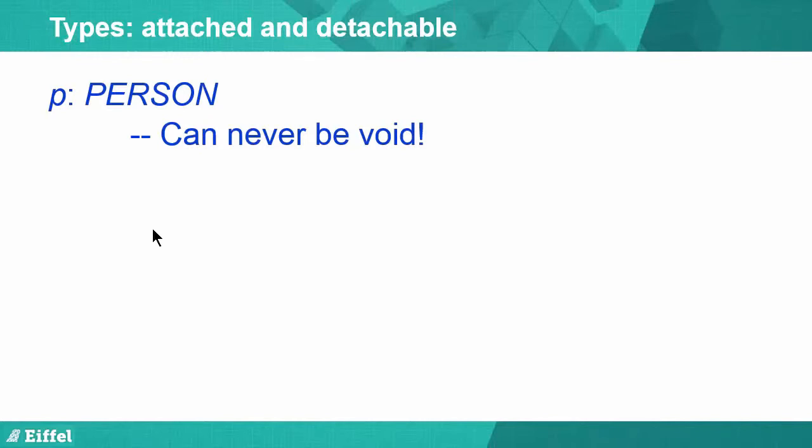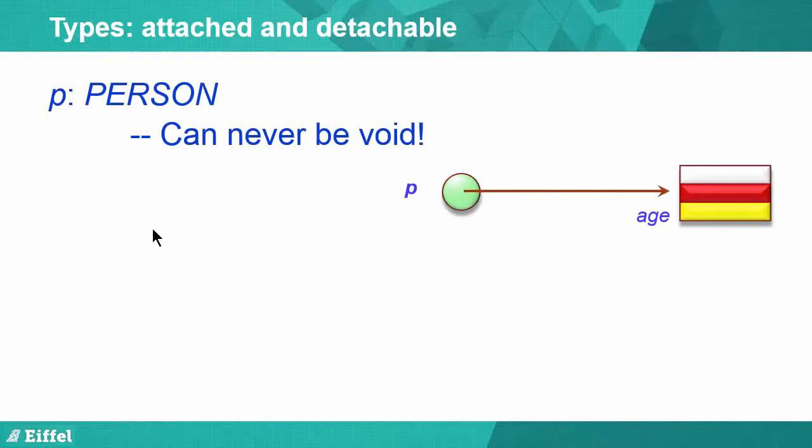It will never be void. So if the compiler accepts this code, then it guarantees that whenever you use p at runtime, whenever the execution uses p, then p will indeed be attached to an object of type person with fields such as age. This is the fundamental guarantee of void safety in Eiffel.